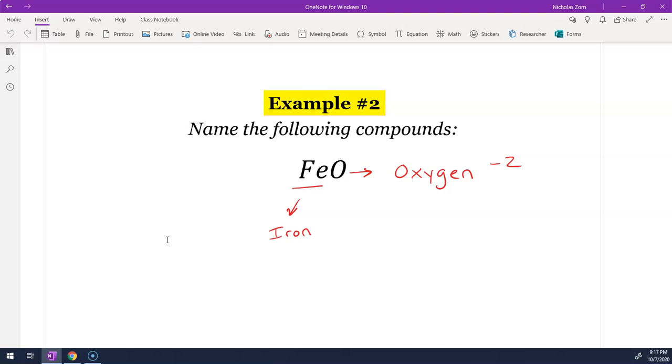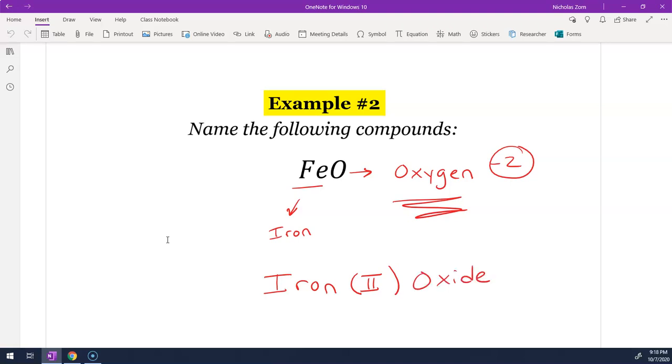So to cancel out with our -2, this is going to have to be iron 2. And if you recall, oxygen is not polyatomic, so we are going to change the ending. Now, oxygen is one of those goofy ones. This is going to be oxide. Iron 2 oxide.